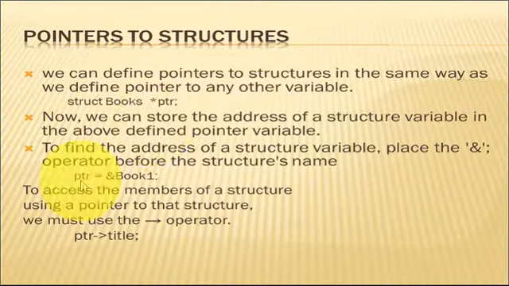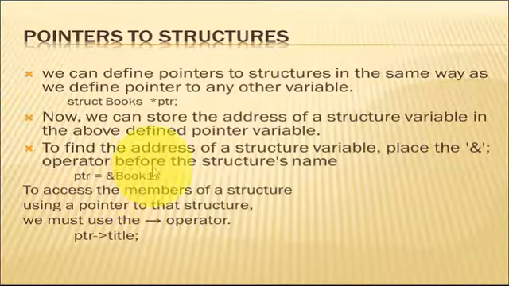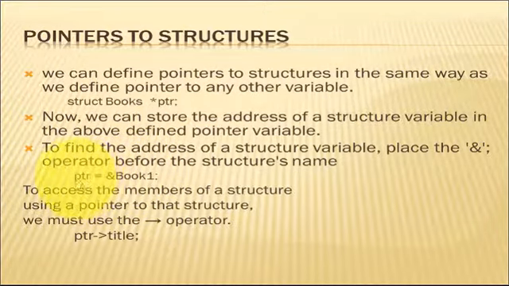So this is ptr equal to ampersand book1. Assume book1 is the structure variable, declared as struct books book1. Next, ptr equal to &book1. Before book1 we use the ampersand symbol, so the address of this structure variable is assigned to ptr.